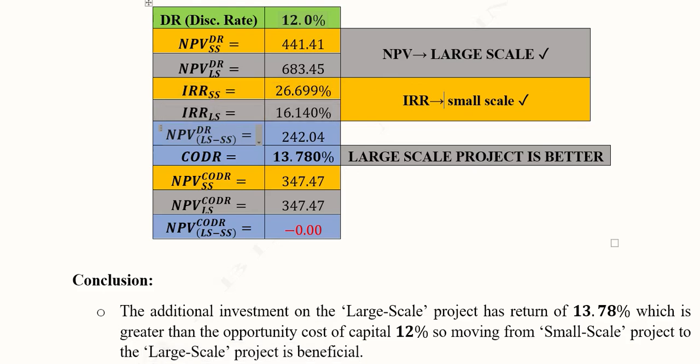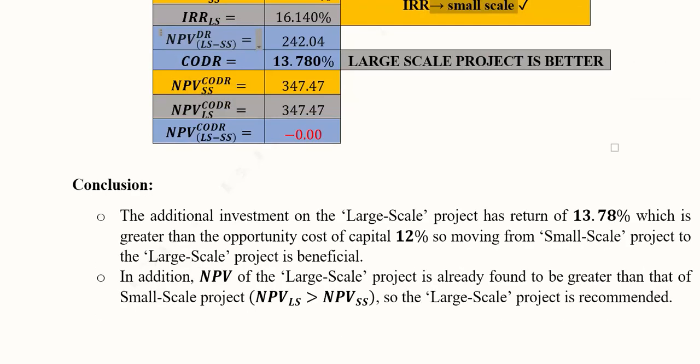It was in favor of the small scale project. So you see that the crossover discount rate is also verifying the superiority of NPV, even in this case where the two projects are to be compared for their scale of production.